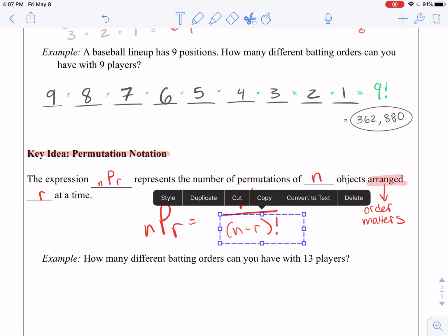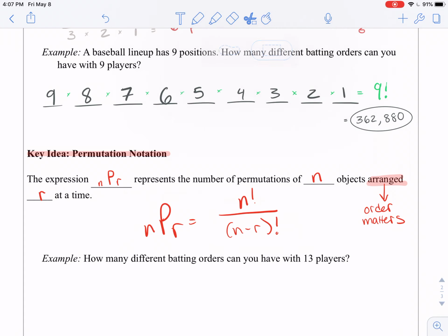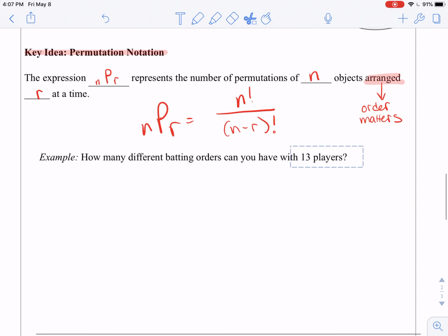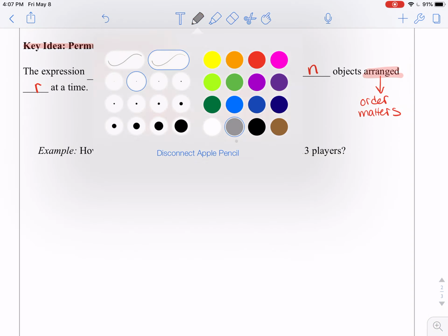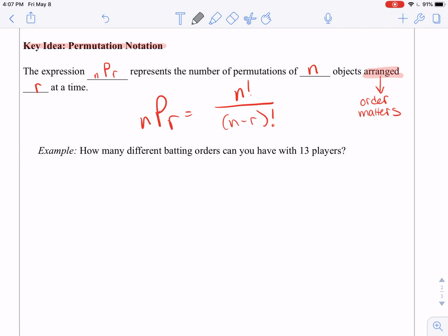For example, let's say that on our baseball team, we no longer have 9 players, but instead we have 13 players. That means 4 people won't be included in our lineup. So that will give us different batting orders. Batting order means we want to pick 9 people, so 9 is going to be our r, and then n is our total, so 13 is going to be our n.